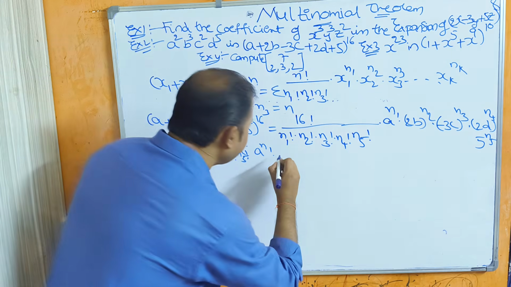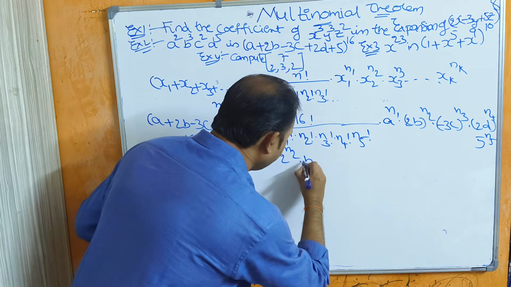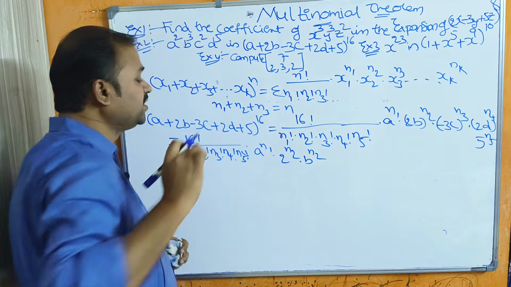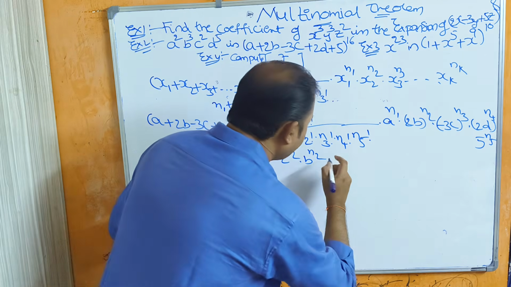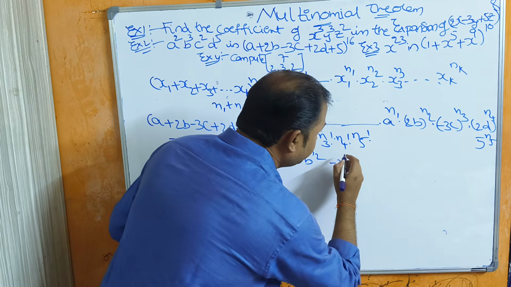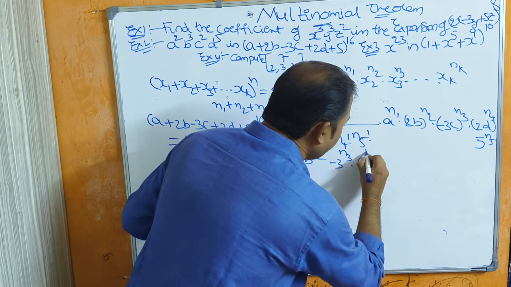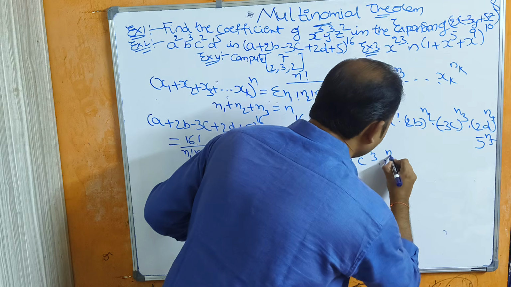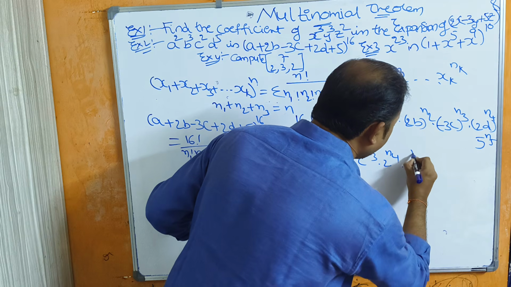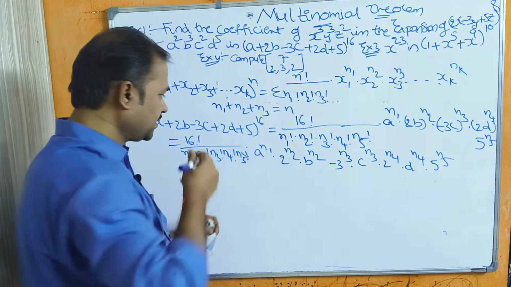Here the coefficient is 2, so 2 power n2 into b power n2, because we need to find out the exponent of b cube. Next, minus 3 power n3, we don't know what n3 is, into c power n3 into 2d power n4. We can write that as 2 power n4 into d power n4. Next 5 power n5. Now let us write.